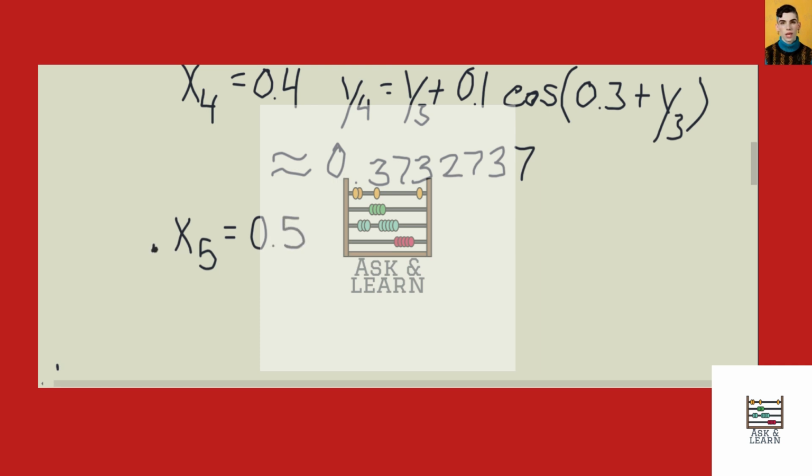And y5 is equal to y4 plus our step size times our function evaluated at x4, y4.